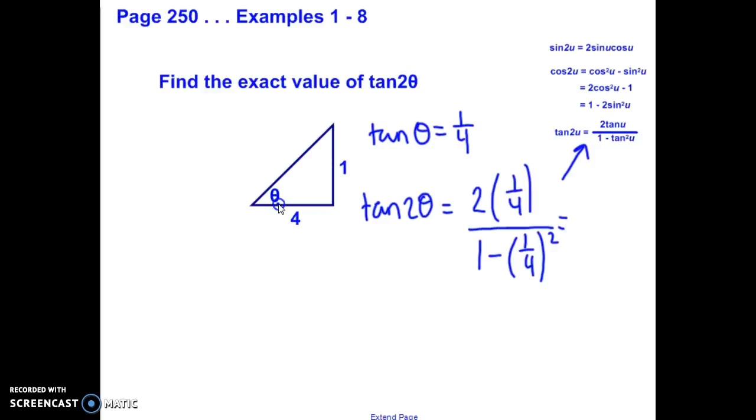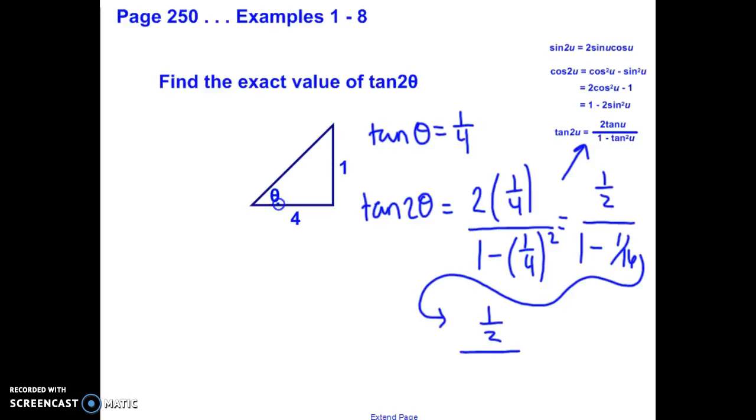Now it's just some math. This becomes 2/4, which reduces to 1/2, over 1 minus 1/16. So then I get 1/2 over 15/16.